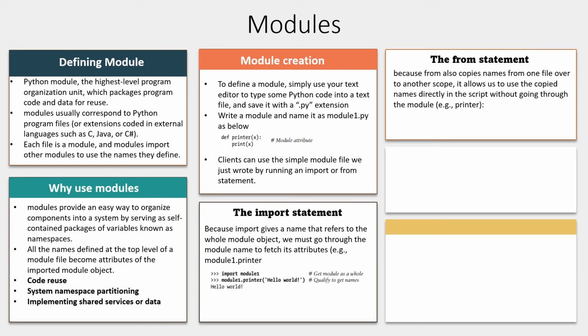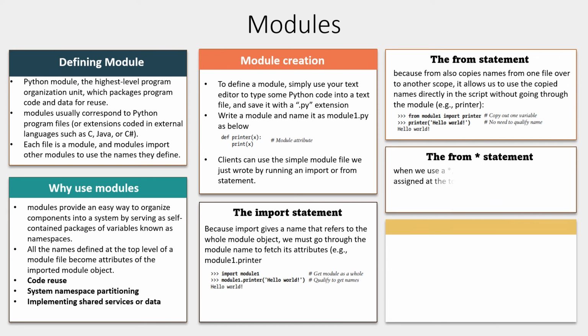Example, from math import pi. And when we use an asterisk character, we get copies of all the names assigned at the top level of the referenced module.